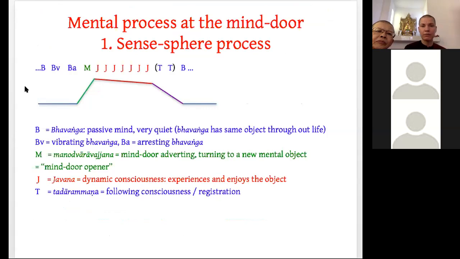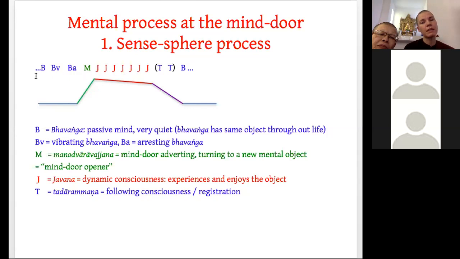In our normal everyday life, when a mental process occurs, this is how it occurs. We have bhavanga, and we have the mind door adverting consciousness, and we have the consciousness that experiences an object, and then there may be a retentive consciousness or tadārammaṇa, and then bhavanga. So what is this bhavanga?